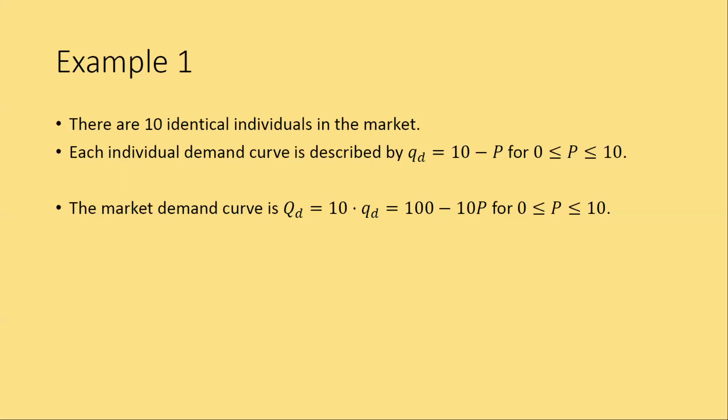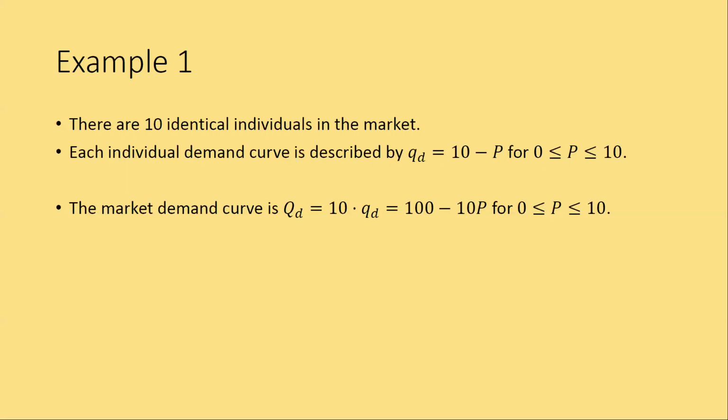So here we are using Qd and P, which is the notation we use in Econ 3. So let's say the individual demand curve is described by this relationship: Qd equals 10 minus P. And here I emphasize that this relationship is only valid for the price that is between $0 and $10.